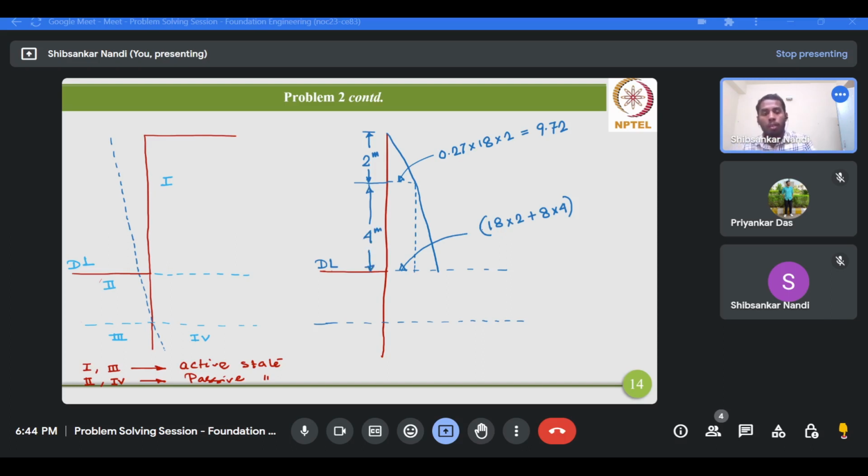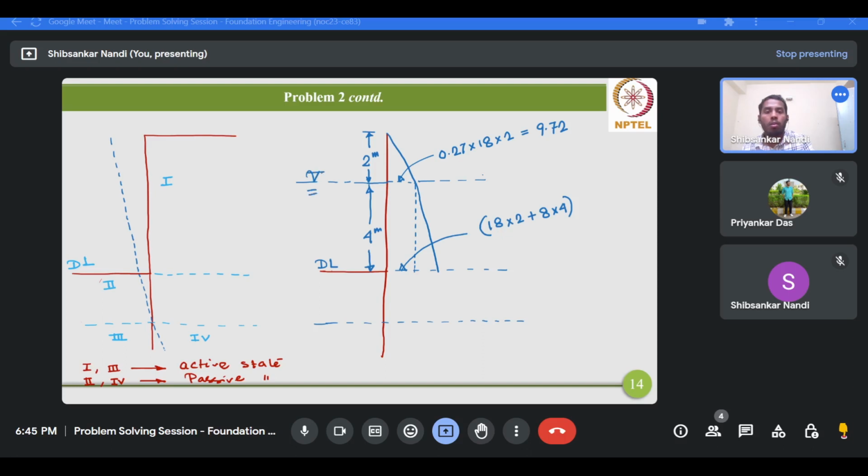Therefore, the overburden at the dredge level will be 18 multiplied by 2 for this portion, and then 8 multiplied by 4 for this portion, because now you have encountered the water table.